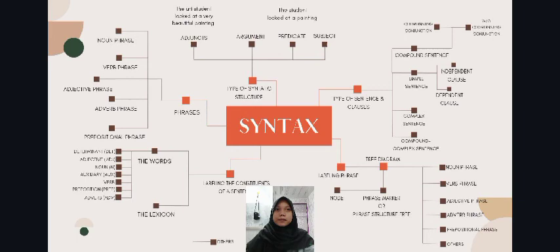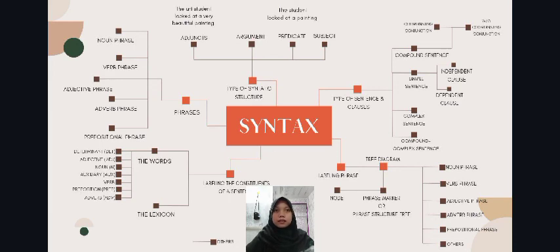A tree diagram is an illustration in the form of an upside down tree shape that shows the constituents of an utterance with the most general at the top and more specific constituents at the bottom of the tree. A tree diagram that specifies the function of each constituent of an utterance is called a phrase marker or a phrase structure tree.